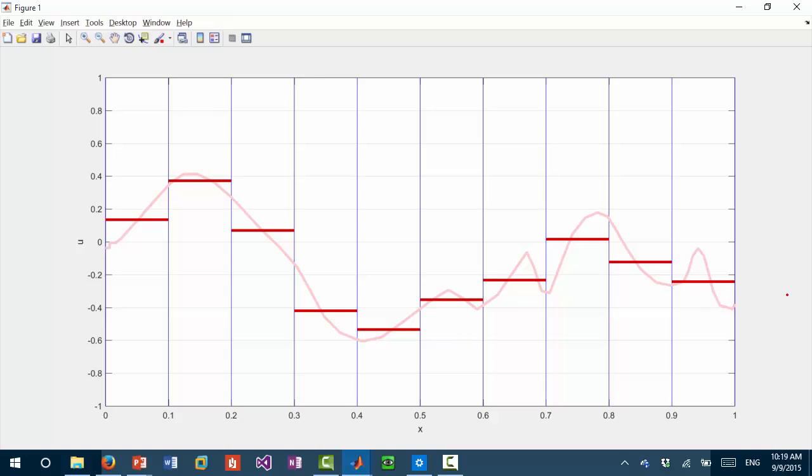Can you tell me what is high order? When I double my number of points with which I approximate my solution, the quality of my solution increases by the power of 2. So if I am first order, then my quality of solution is 2 times better. If I am second order, my quality of solution is 4 times better.